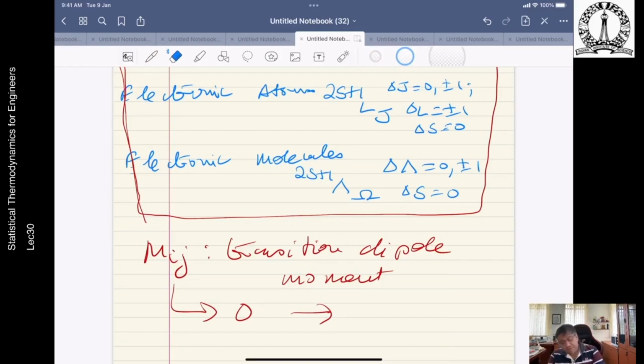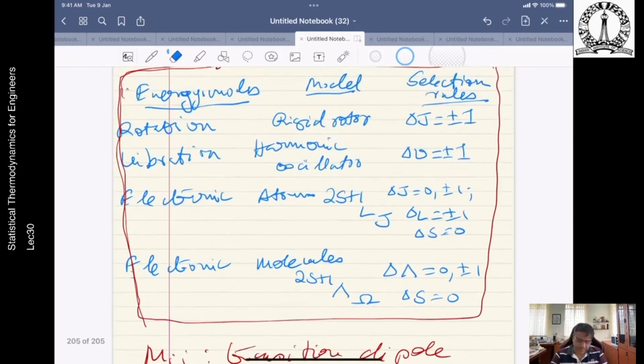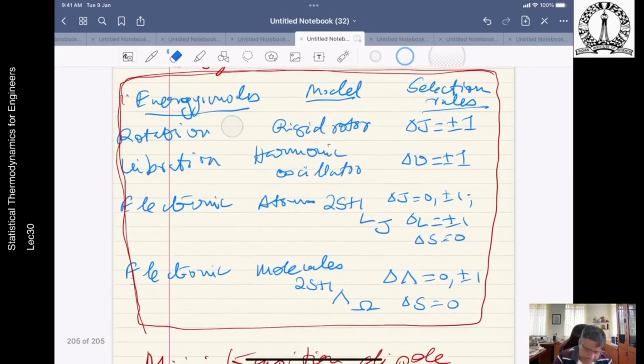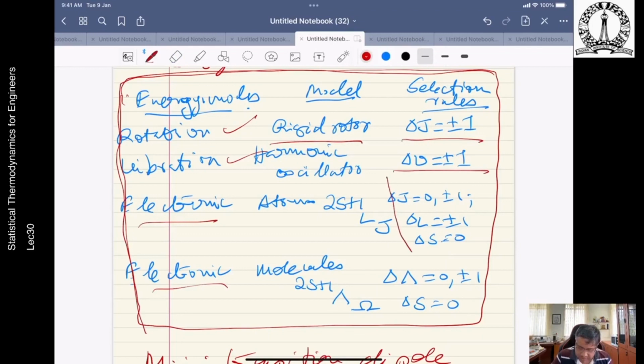For homonuclear diatomics, it is only electronic transitions that you can access, not any other transitions. The selection rules are given in this table: for rotation a rigid rotor, for vibration a harmonic oscillator, and for electronic a bouquet of rules, depending on whether it's an atom or a diatomic molecule.